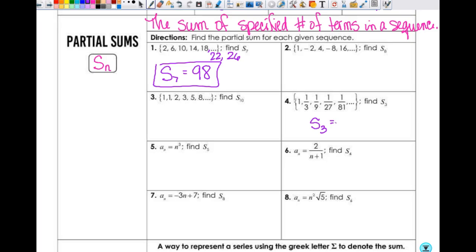It is not 2. What you got? Okay, but you got to give it to me as an improper fraction, but yes. 13 over 9. All right, so y'all got the idea of the partial sums, right?